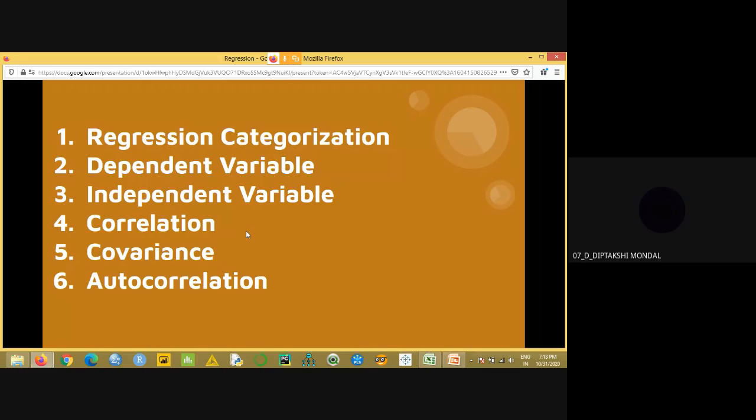Correlation means the degree of association between two variables, how much they are related. Yes, that is a perfect definition of correlation. How two or more variables are interrelated, in simple terms. Like I said, sales and price, how they are related.